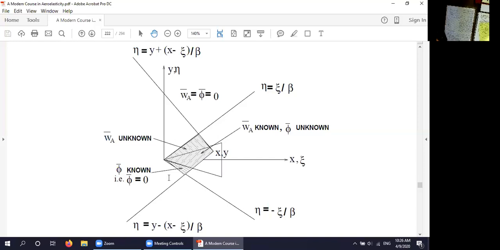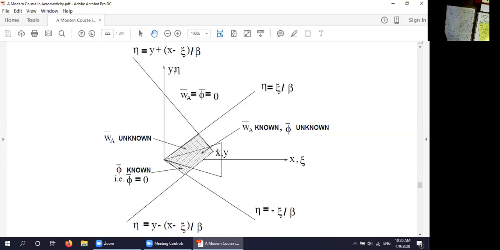This part of the flow field is undisturbed. And as far as this point x, y is concerned, it's the shaded region that can contribute to what's going on at that point. So we reduced the entire plane x, y to a finite portion of x, y, and that's a good thing. This is all good news so far.